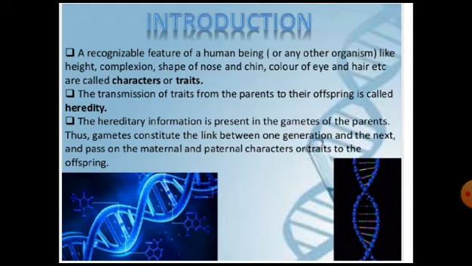All these things are known as characters or traits. Thus, we can say that traits or characters form recognizable features, and these traits help us to differentiate among the individuals of the same species. The transmission of these traits from the parents to the offspring is called heredity.